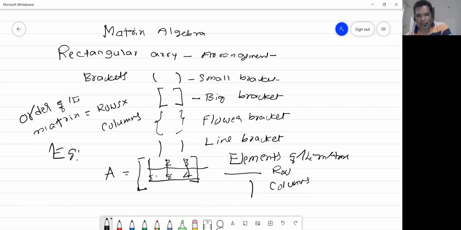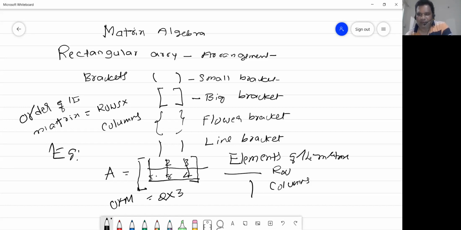How many rows are there? There are two rows. And how many columns are there? 1, 2, 3 columns. So what is the order of the matrix? The order of the matrix is 2 into 3: two rows and three columns.